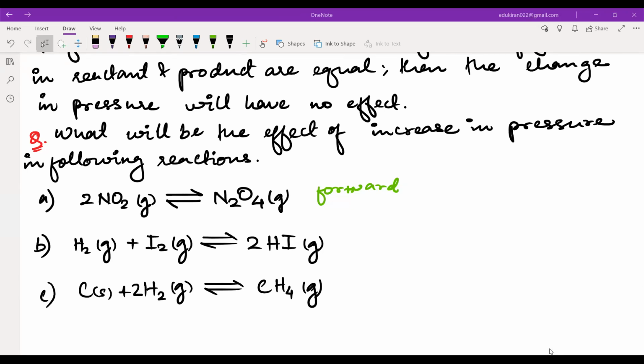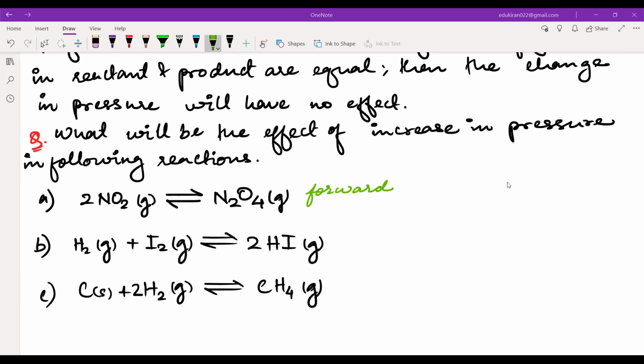Muhammad Umar, you tell me for the B, forward or backward? No answer. Guys, if you don't speak, okay, fine. Somebody please tell me, for the B1, what will be the change?